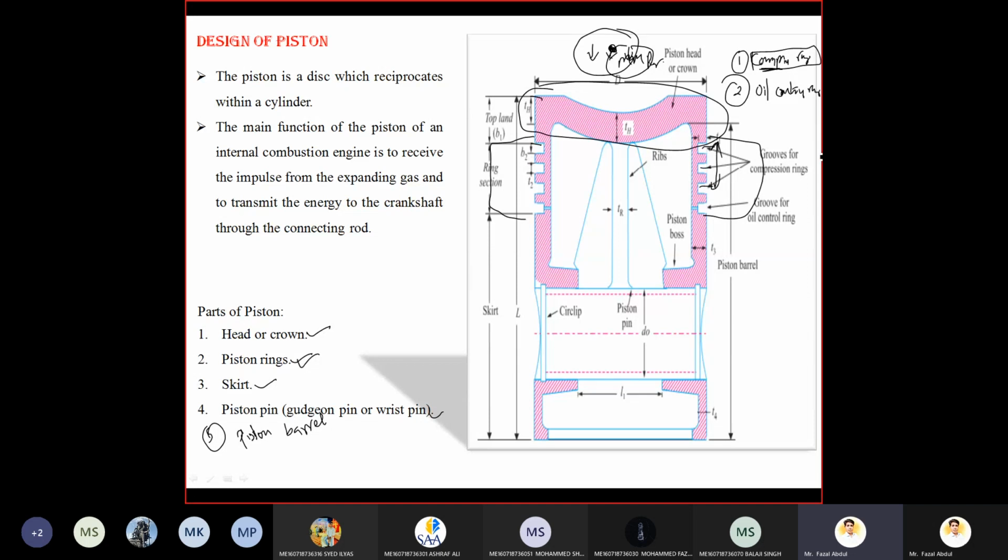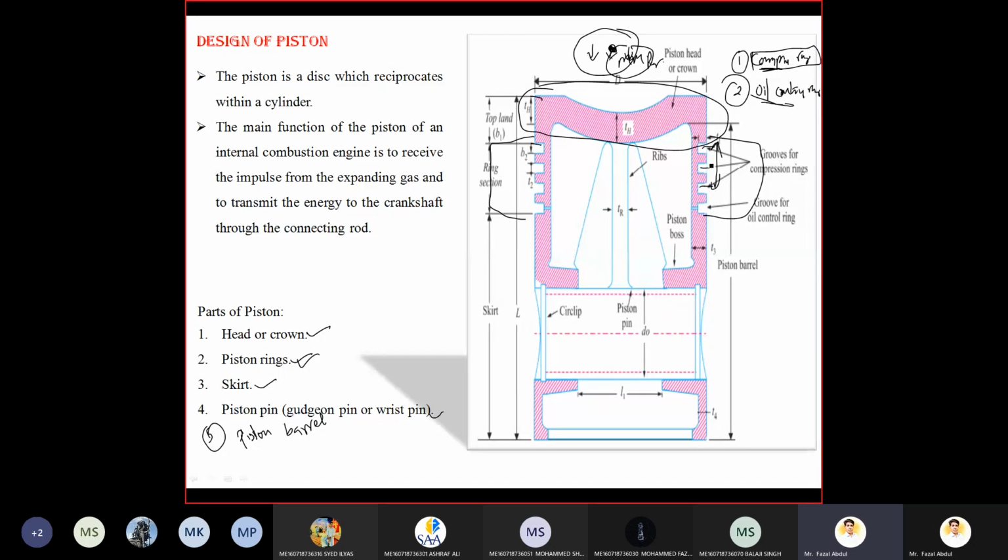Okay, and the oil controlling ring. The piston is continuously reciprocating inside the engine. So there will be chances of wear on the cylinder walls, or wear on the piston rings we provided here. To overcome this drawback, we have to continuously supply the oil. That happens with the oil controlling rings.